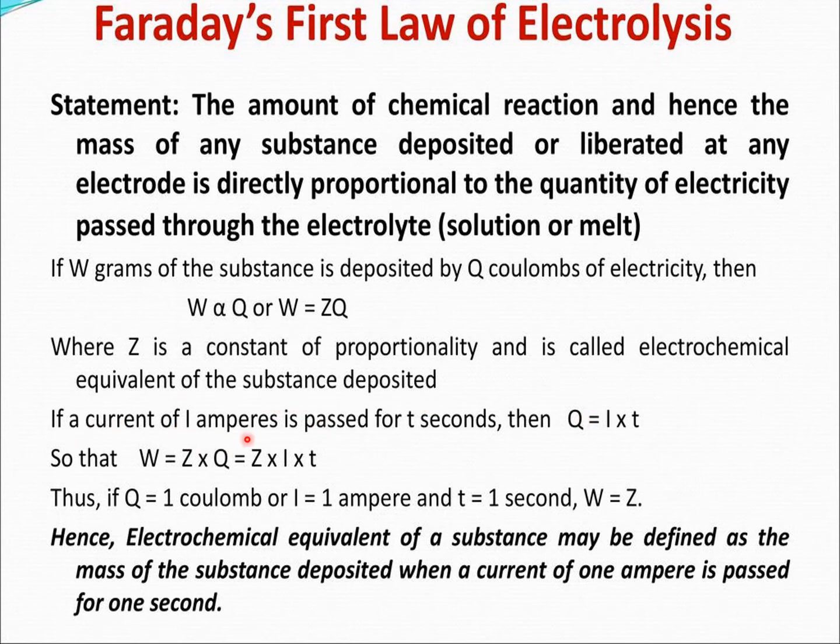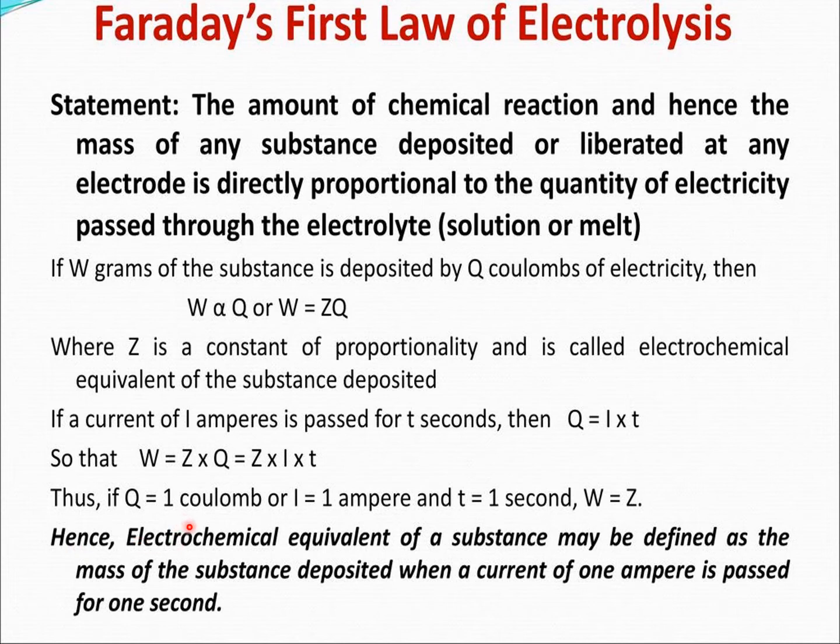If a current of I ampere is passed for T seconds, then Q is equal to current into time, that is I into T. So we can write W is equal to Z into Q, which is equal to Z into I into T, as Q is equal to I into T.